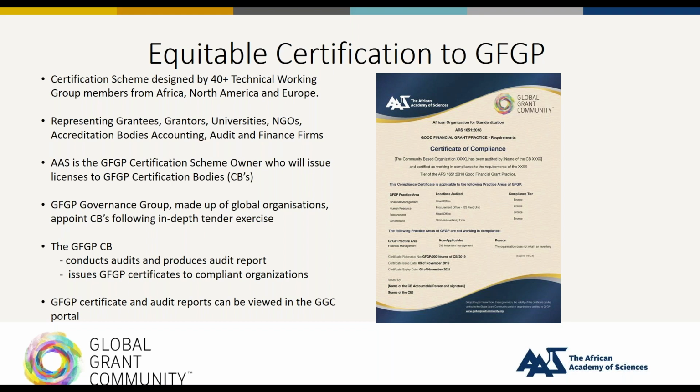And in order to have ensured that, 40 plus people got together as a technical working group from across Africa, North America, and Europe to develop the scheme. And then also, in order to become a certifying body or an auditor, they had to apply, and then a panel of people reviewed their competencies and their experiences and their resources before they were able to become certifying bodies.